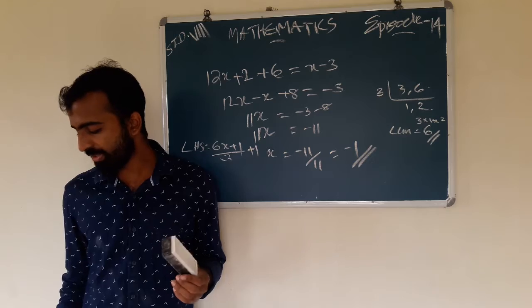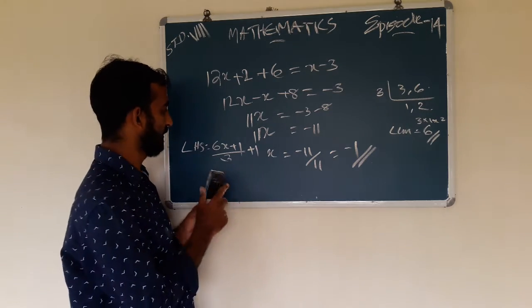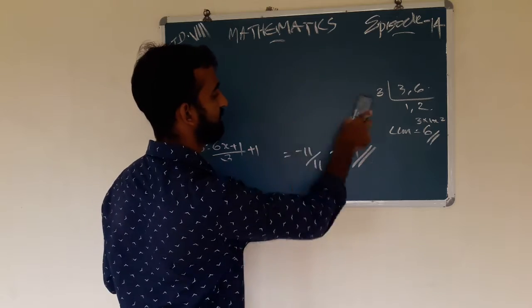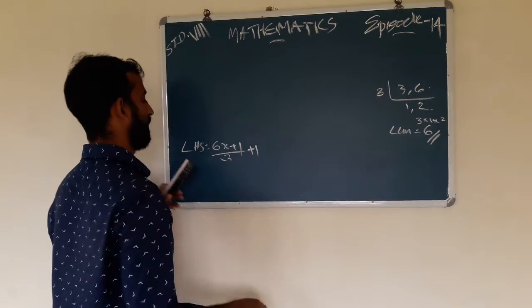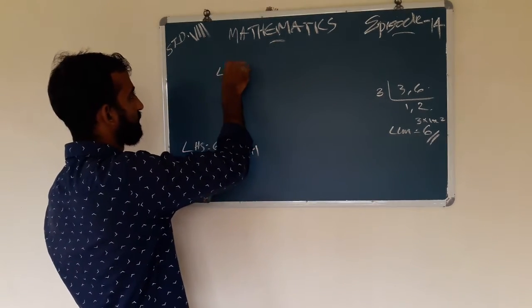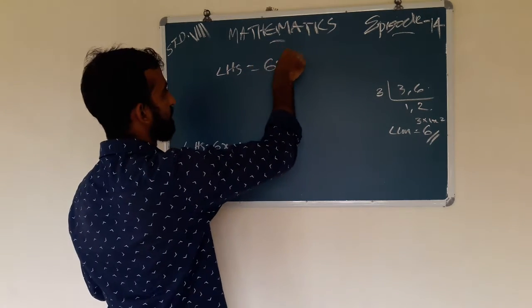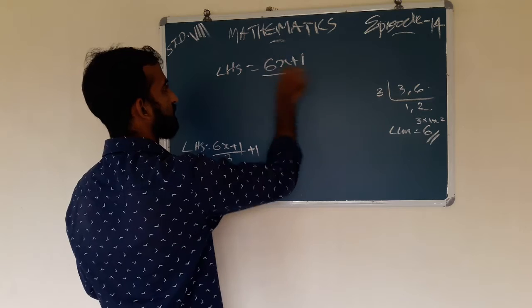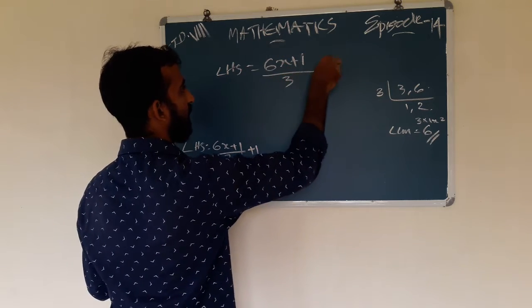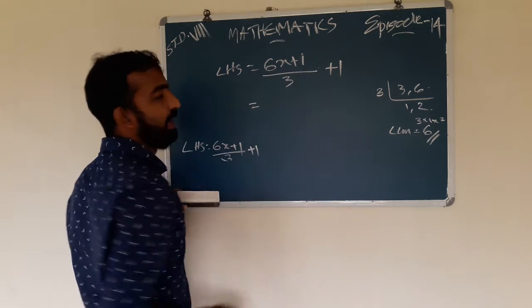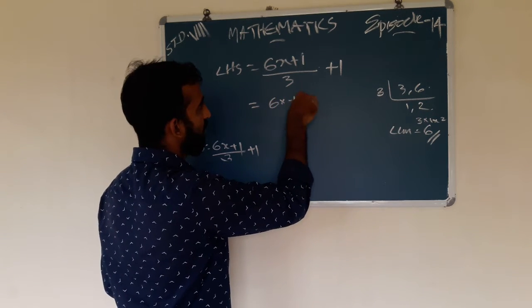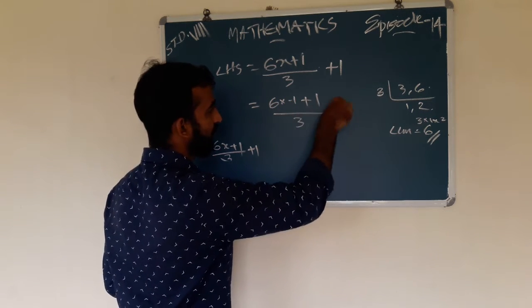So what can we write? We take x as negative 1: 6 into negative 1 plus 1, by 3, plus 1.